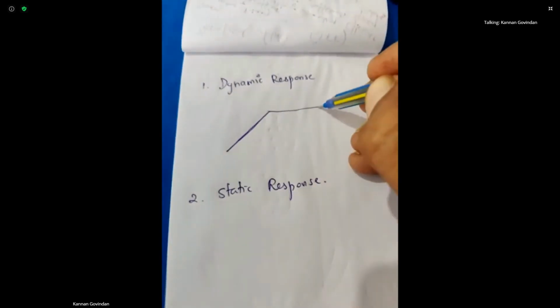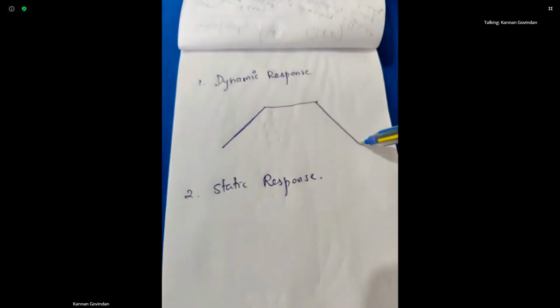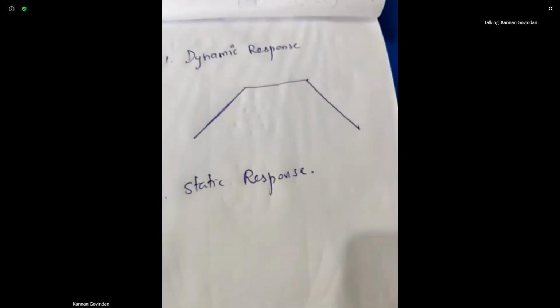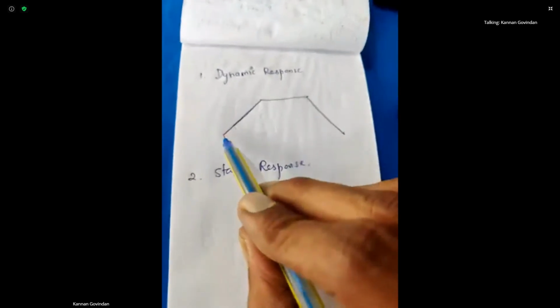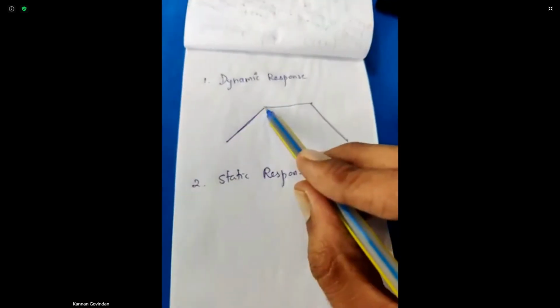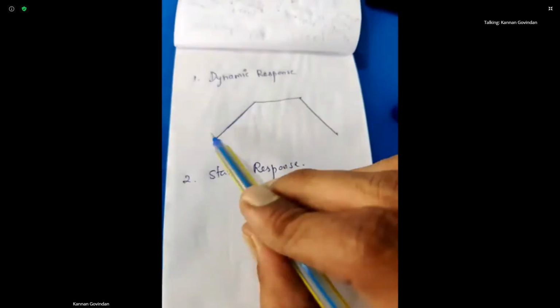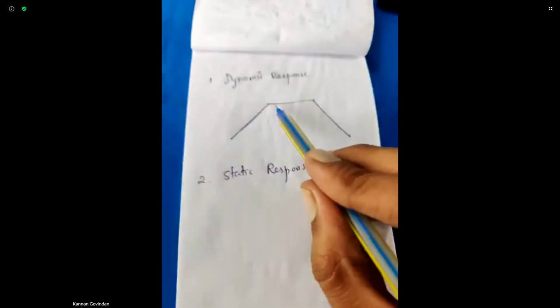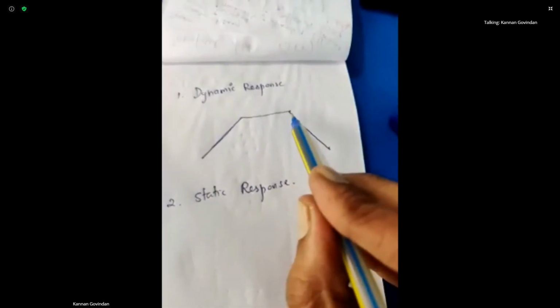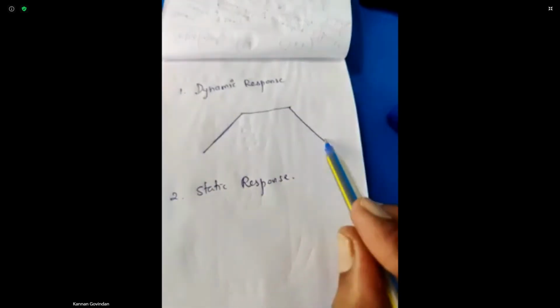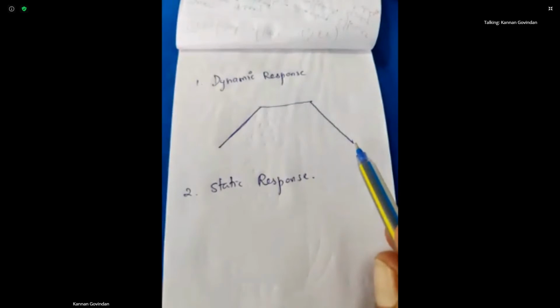Again, the length changes and comes back to its original position. Imagine the muscle shortens. During muscle shortening, there is a change in muscle length gradually. Then the contracted position is maintained for some time. There is no change in muscle length. Again, the muscle relaxes and comes back to its original position.